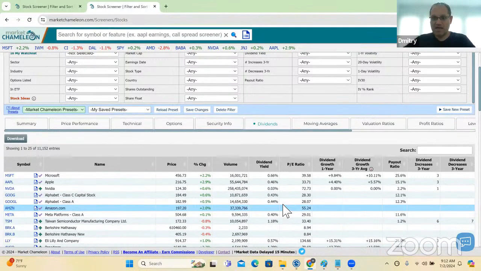Because if you pay almost all your income back out as a dividend, well, then the question remains is it sustainable? And how are you growing?